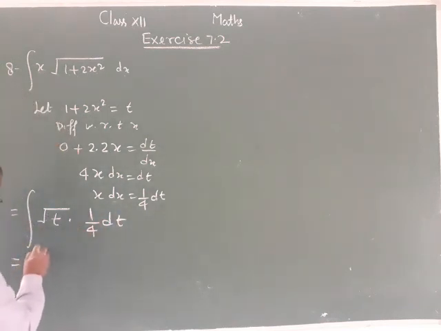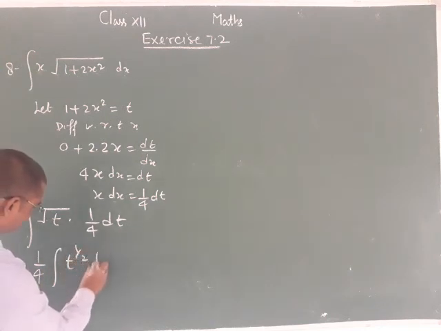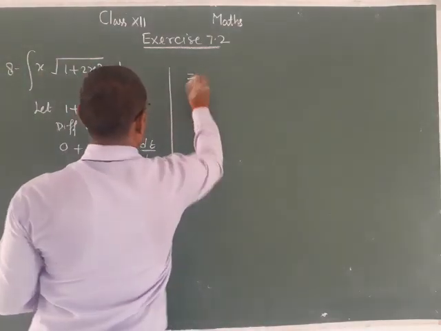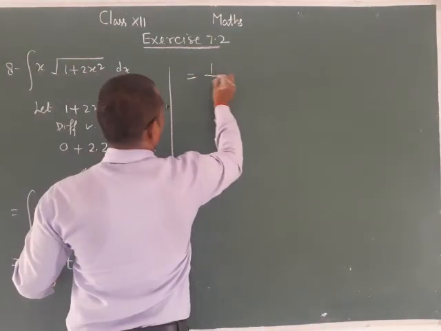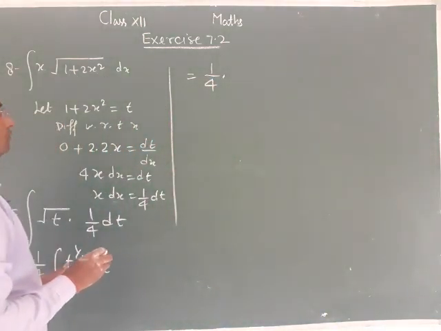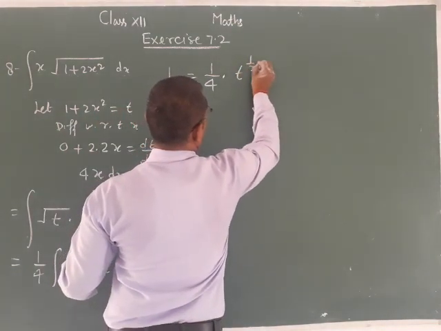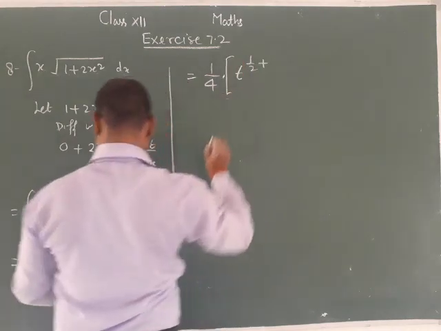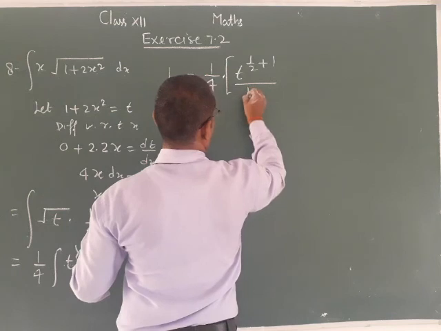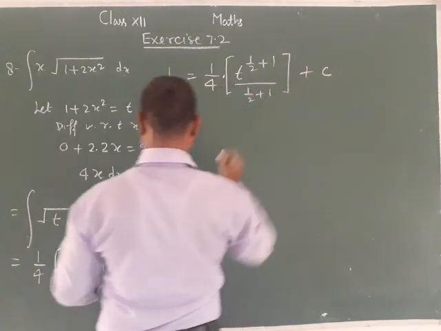So 1 upon 4 integral t to the power 1/2 dt, and also 1 upon 4 into t to the power 1/2 plus 1 upon 1/2 plus 1, plus c.